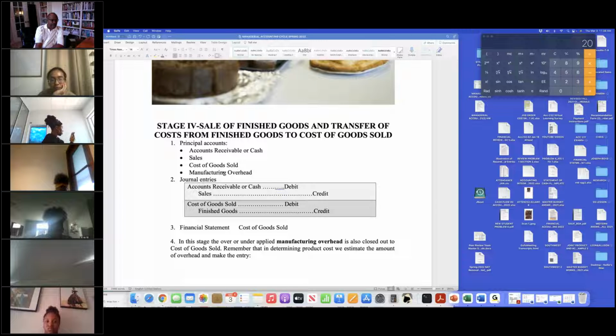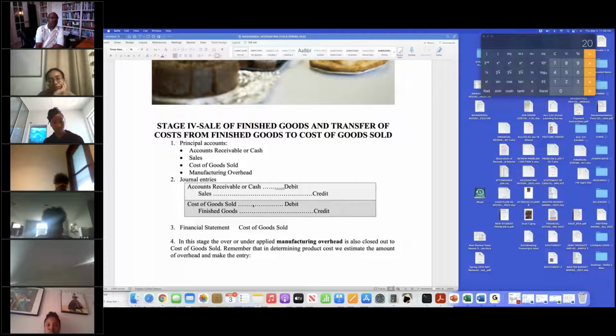So the first entry, we debit accounts receivable, credit sales, and you use that selling price number that you develop. So in this journal entry, you're using that selling price number. So if your selling price is incorrect, then this journal entry will be incorrect. Then you're debiting cost of goods sold and crediting finished goods. We're always doing that because we're selling the item. So these are the journal entries in stage 5.